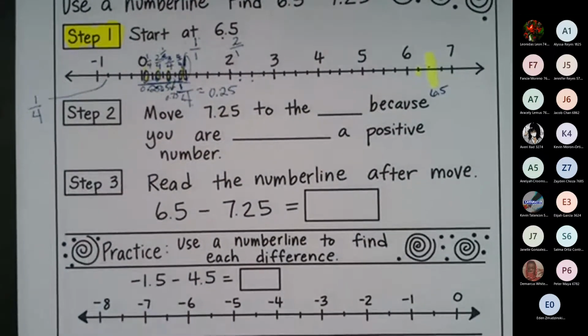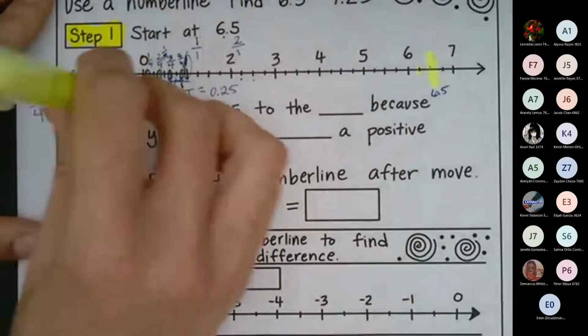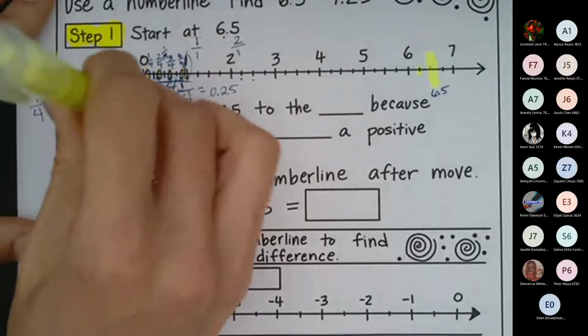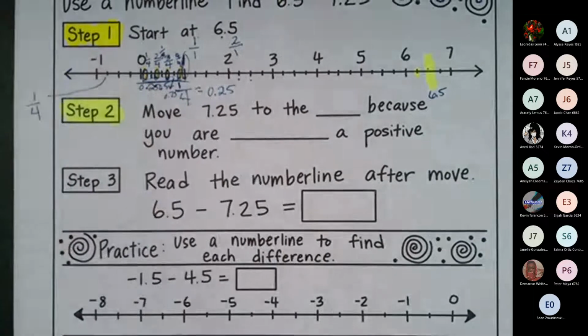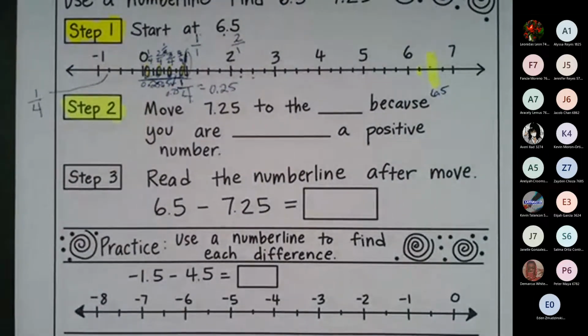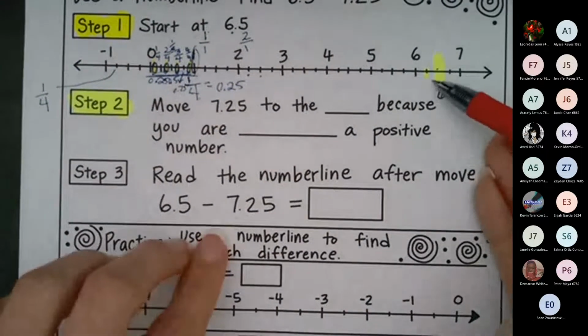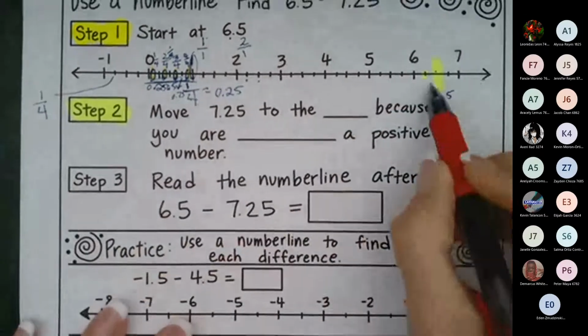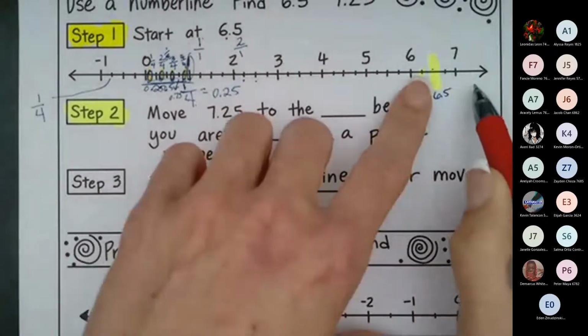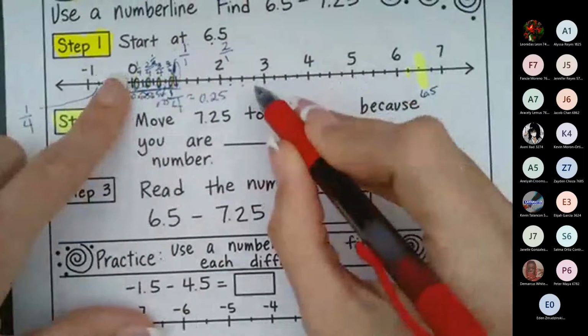And now for step 2, I'm going to be subtracting. We're doing the opposite of adding like we did last time. Since we are subtracting, we're not going to move to the right. Our value is going to be getting smaller. We're taking away.